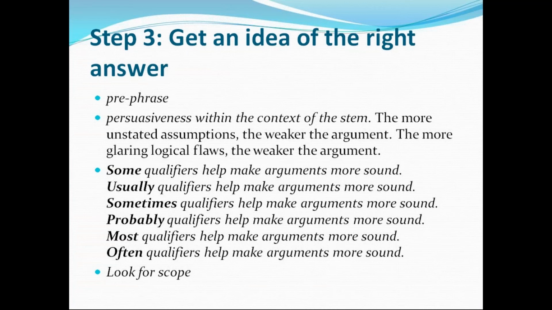Okay, so you're going to be looking for scope. In this context, it just means whether the answer choice is too general or too specific. So you mean rather it's relevant or not? Yeah. GMAT will give you answer choices where it could be true, but it's too general.